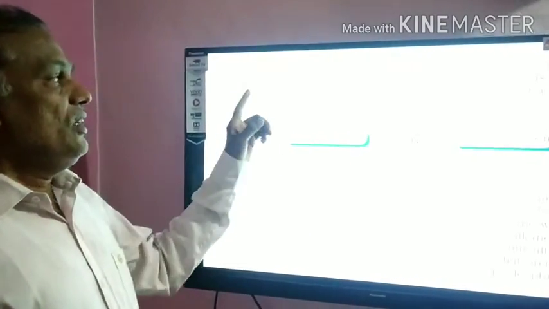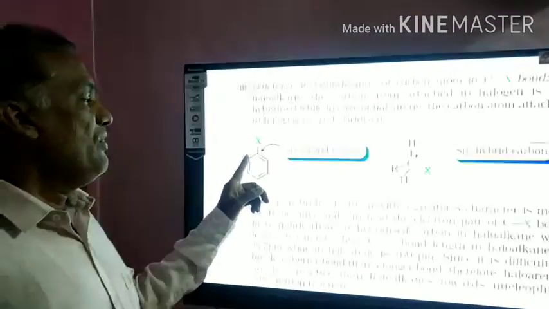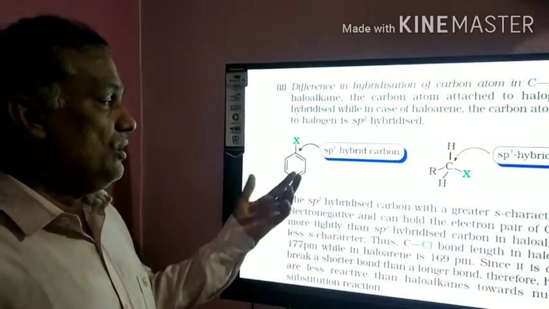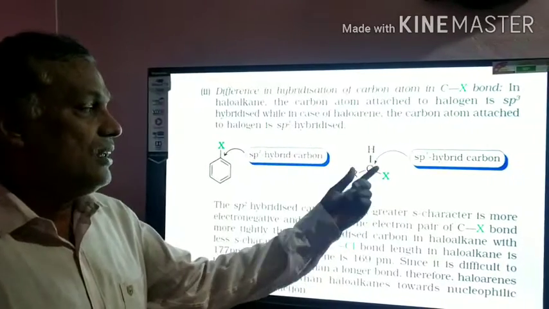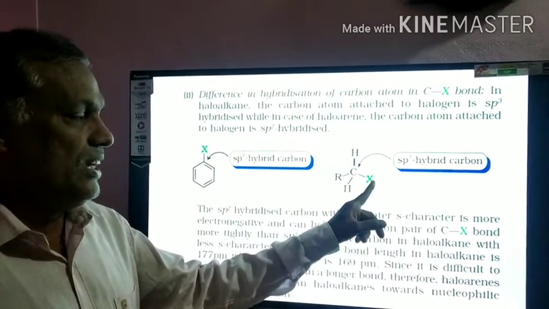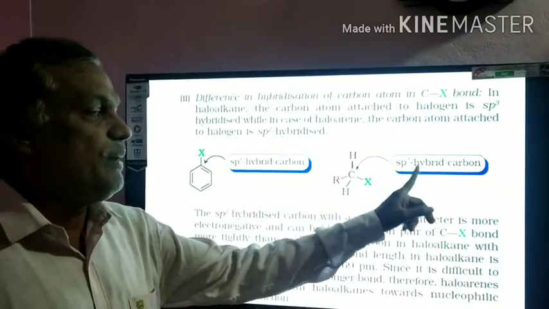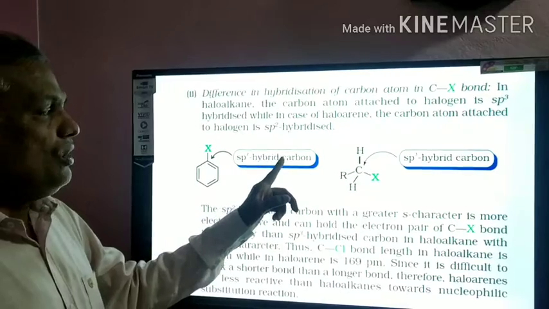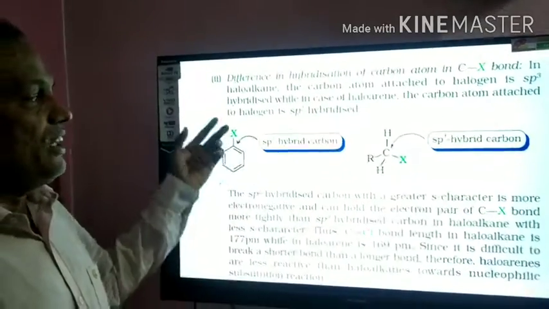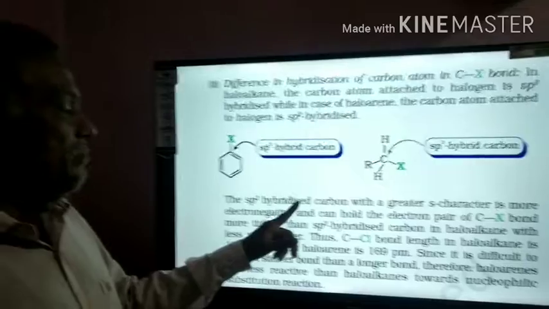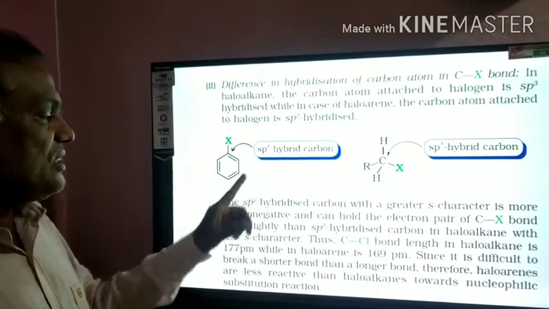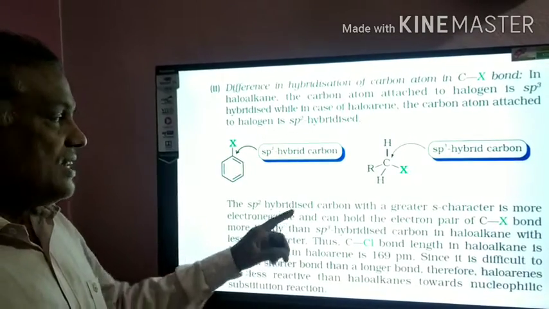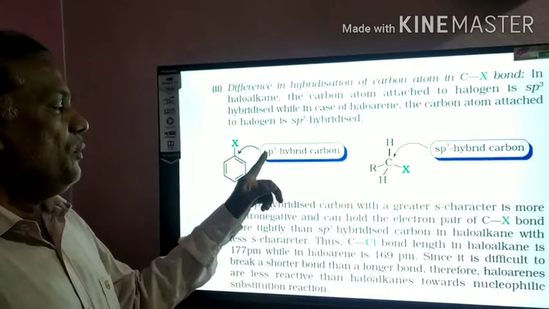The second reason is the difference in the hybridization state between the carbon atom and the halogen atom. Already we know that in haloalkanes, the carbon atom to which the halogen is attached is in the sp3 hybridization state. But in haloarenes, it is in the sp2 hybridized state. So that is also one of the reasons. In sp2, a greater s character means more electronegativity.